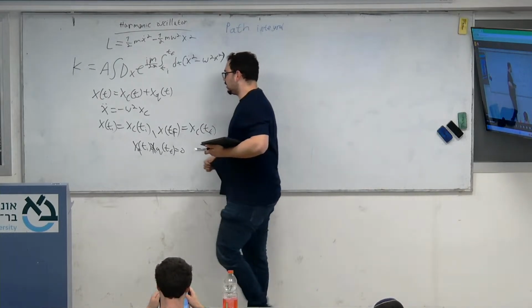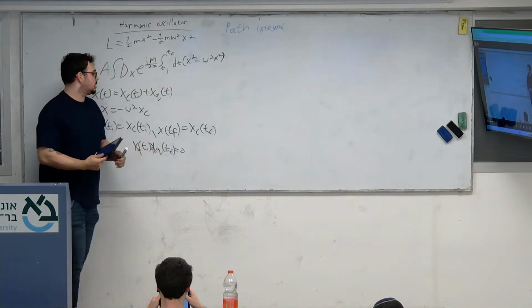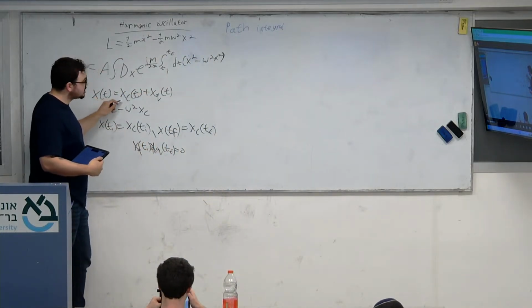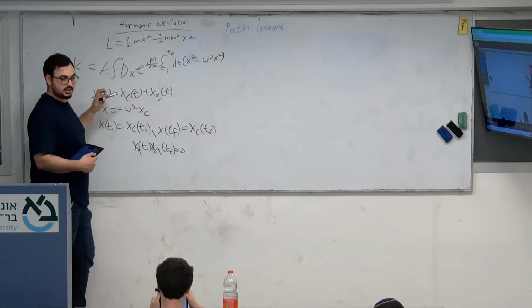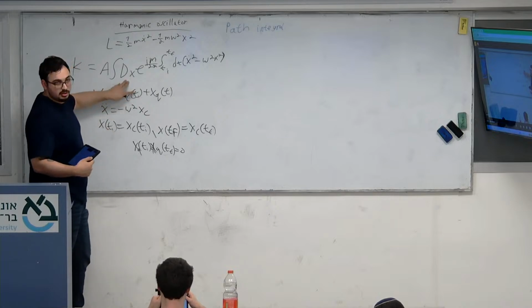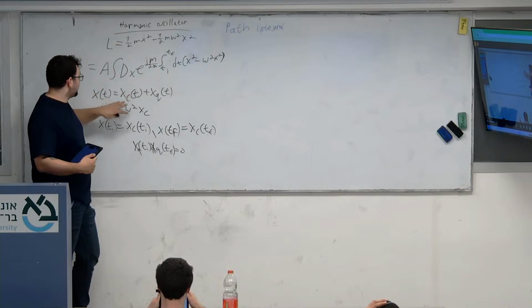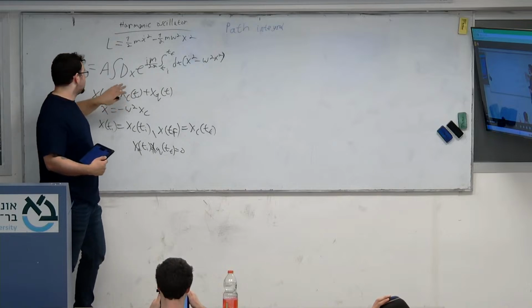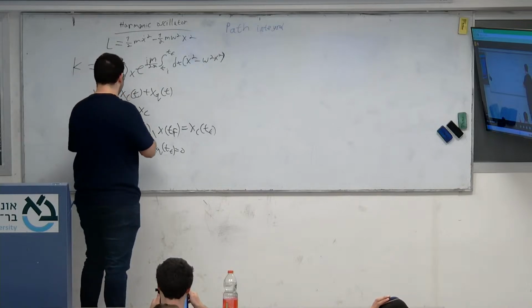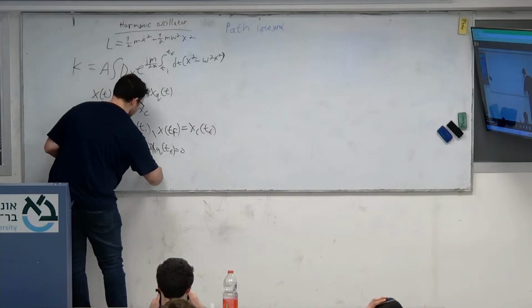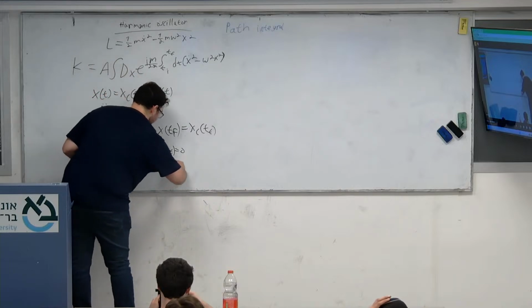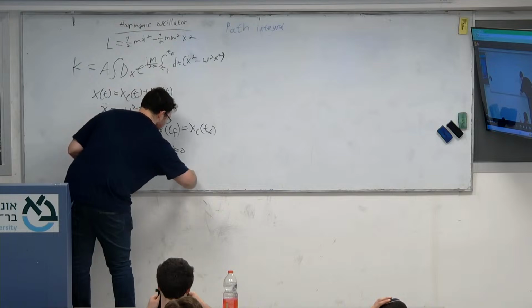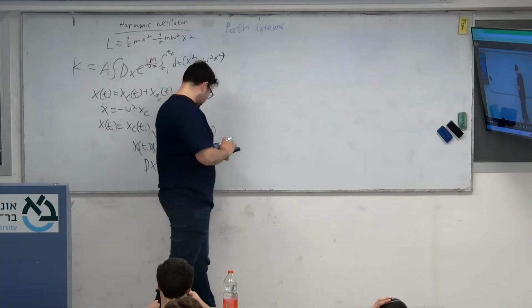Now, in addition, since the classical solution is fully deterministic, a single path, you don't need to integrate over all possible paths for the classical solution. So dx right here is going to transform to dx of q.